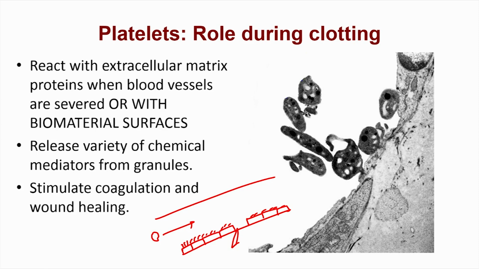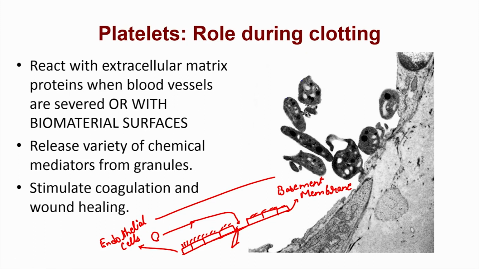What happens now is that these endothelial cells, so let me write this down. So, these are endothelial cells, this is the basement membrane, so now that this basement membrane has been exposed to these platelets, these platelets are going to bind to that new surface.